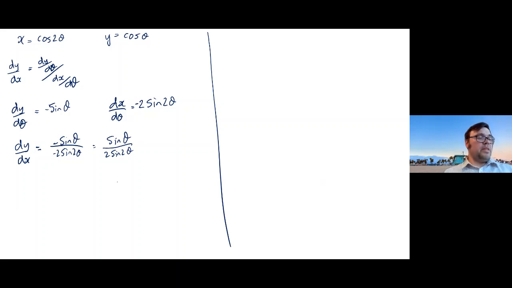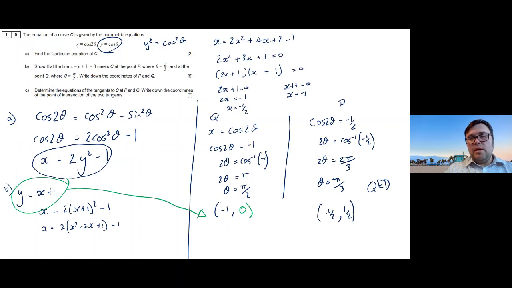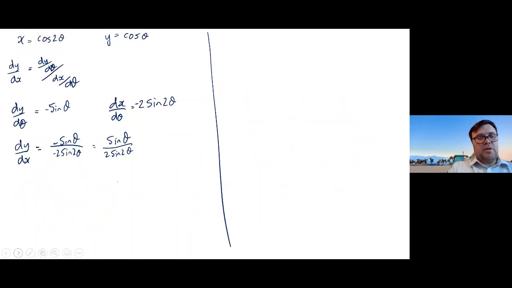Perfect. So what would we then go from there? Well, we need points P and Q. If we were to put point Q in, pi by 2, we have theta equals pi by 2, and the coordinates are minus 1, 0.